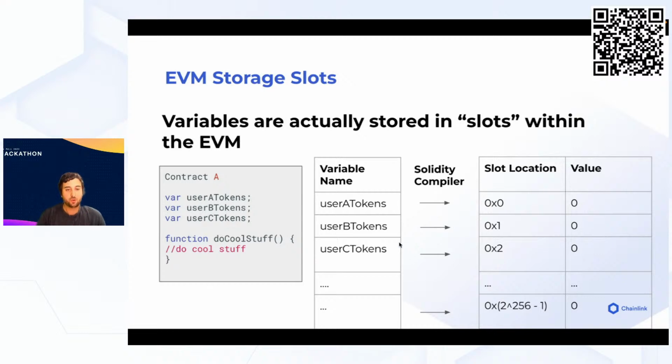So in the bytecode, user A tokens is this slot location 0x0. And user B tokens is actually this slot location 0x1. And this is when you deploy contract A. And they're all initialized at 0. We haven't set them to any values yet.